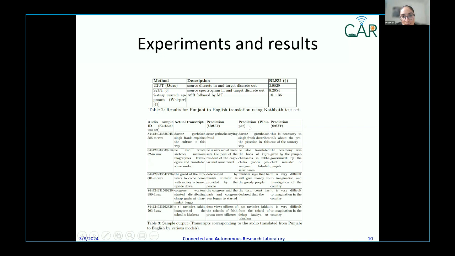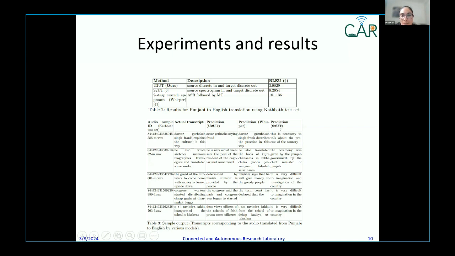And then if we go to the next prediction, by the Whisper model, which is the cascade approach, which gives us an 18.11 BLEU score. The prediction for the same sentence was, Dr. Gurbaksh Singh Frank describes the practice in this way. So it gets the essence right from what was in the original ground truth.